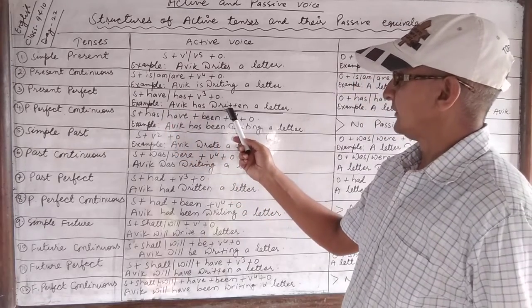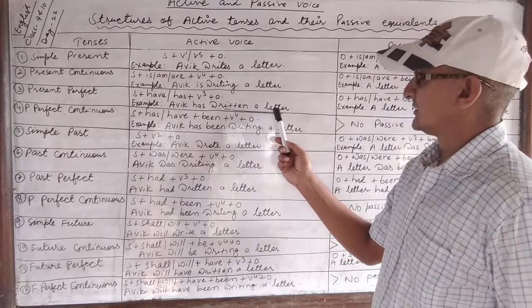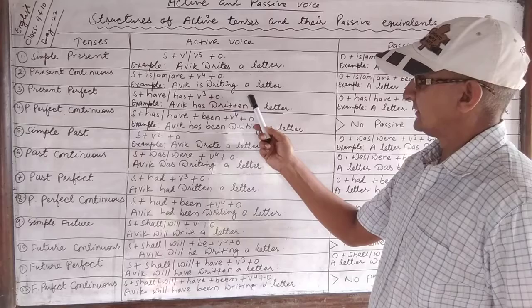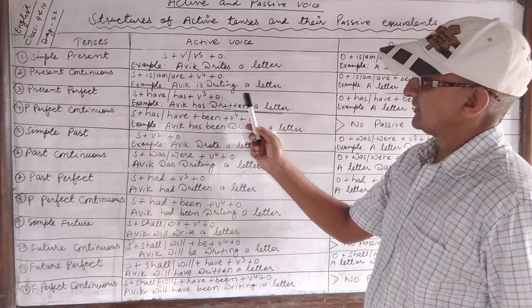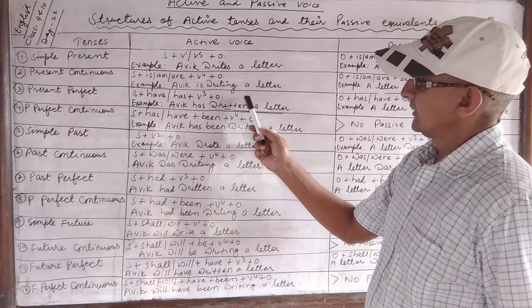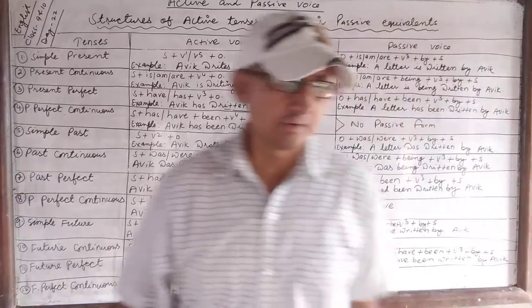And then V3, the past participle form of the verb, and a letter is object. Now we change this active voice of present perfect tense into passive.